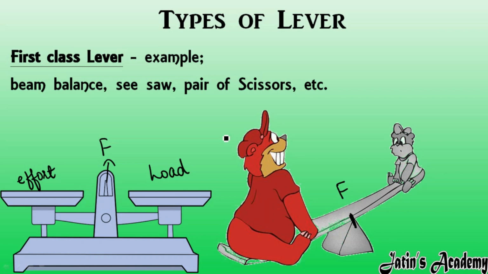Here we are having effort, here we are having load, or you can change also, this is a load or this is a effort, no problem. So fulcrum is in center, load and effort are on sides, means it is a first class lever. Means whatsoever example is coming for you, you have to just check the arrangement. Wherever the objects are kept, or wherever the fulcrum, load and effort is kept, by watching that you can just clearly know which kind of lever is there.